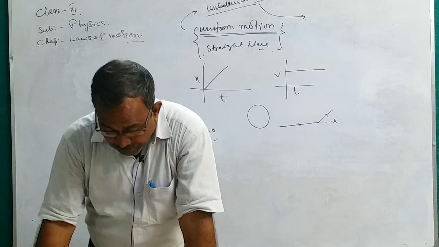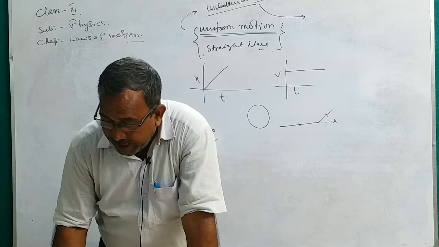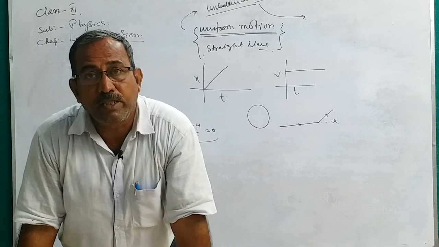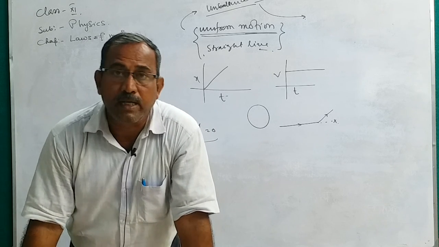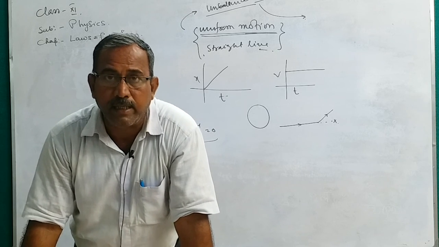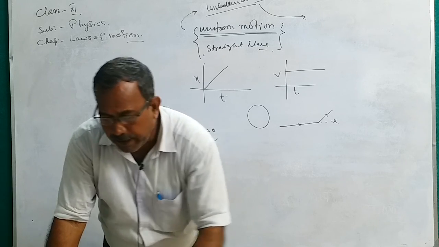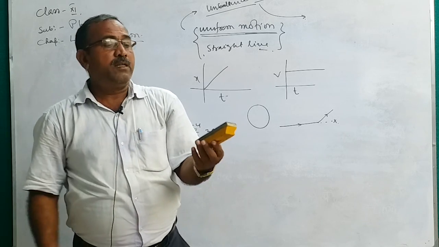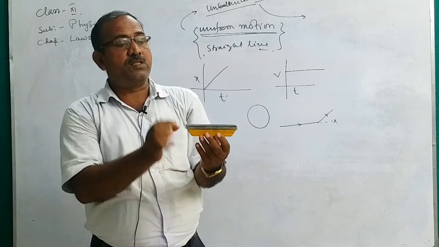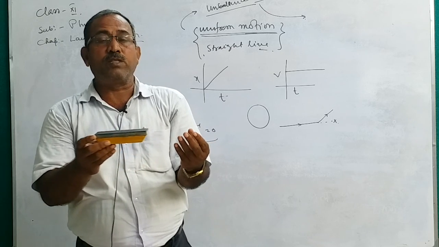So my dear students, inertia and mass. If the mass of an object is more, the inertia will be more. If the mass of the object is less, the inertia will also be less. Suppose an object is here. If you try to change its state, whether it is at rest or in motion, you apply force.